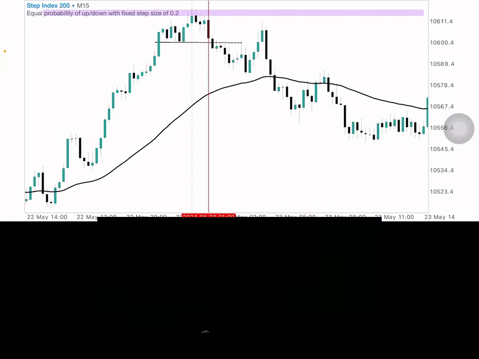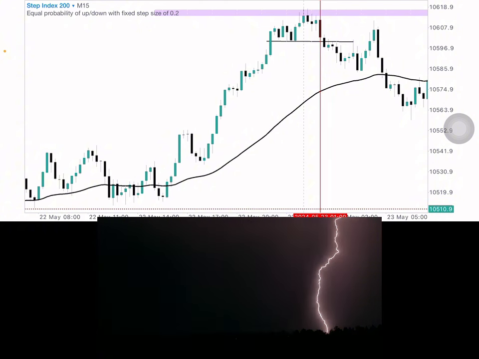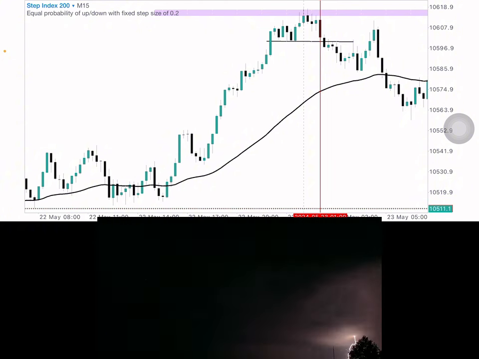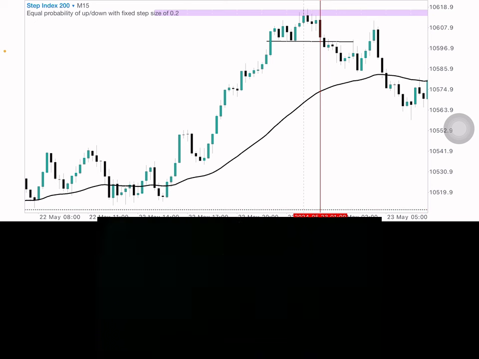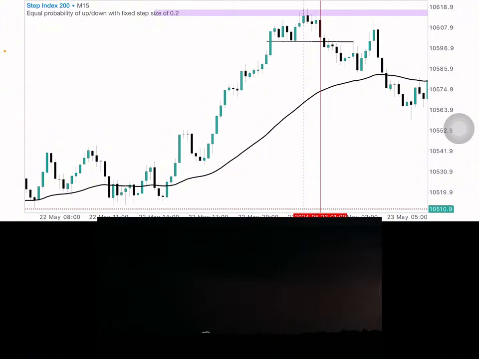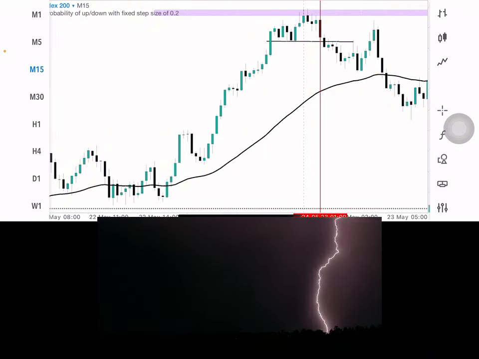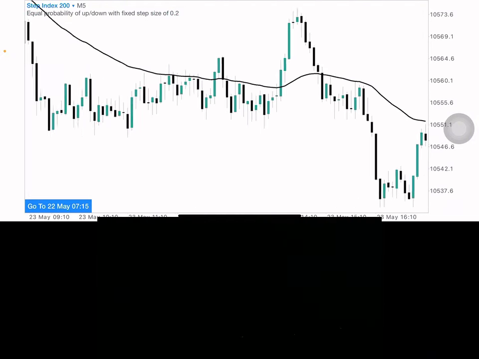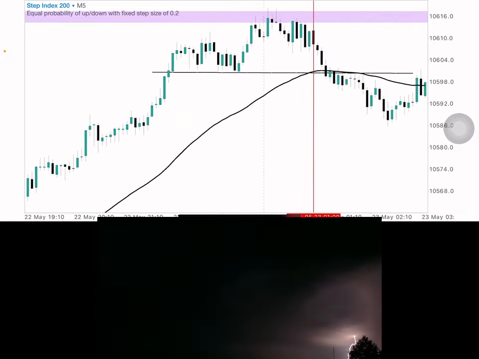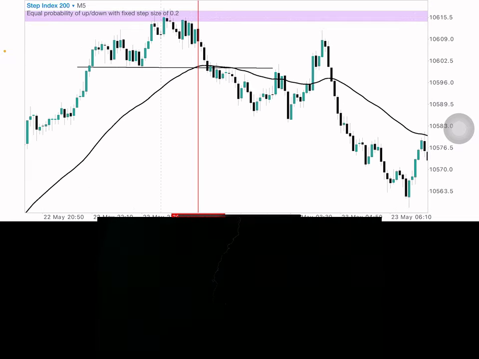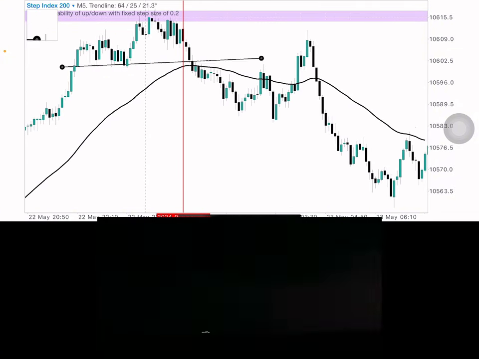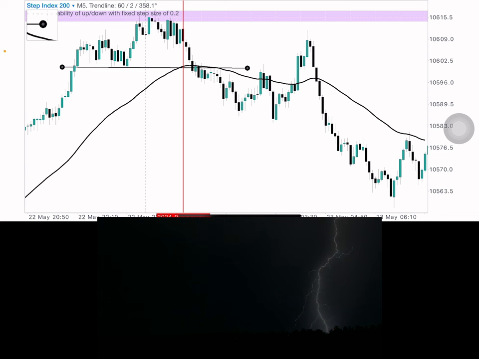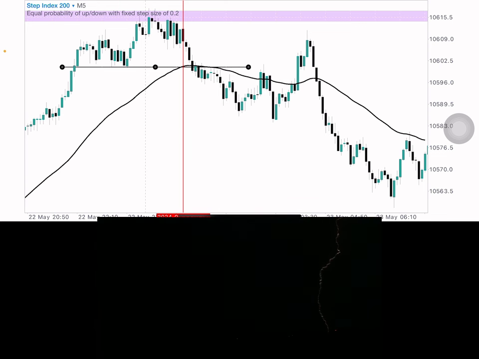After you've taken note of the previous day's high and low, and the levels closest to the current price, go to your M5 or M1. Anywhere things will be clearer to you, just use it. Now here on M5, you can see things are much clearer.